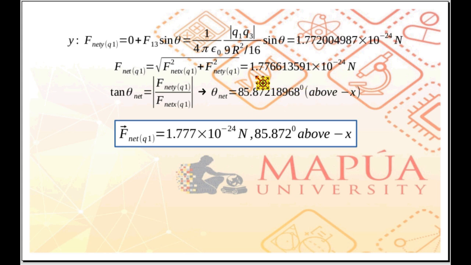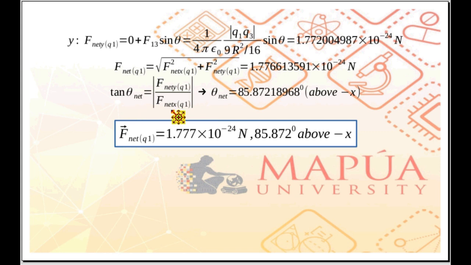Also using the x component and the y component, we'll be able to get the angle of orientation of F net. Tangent theta is equal to opposite over adjacent, F net y over F net x, absolute value to get rid of any negative signs.